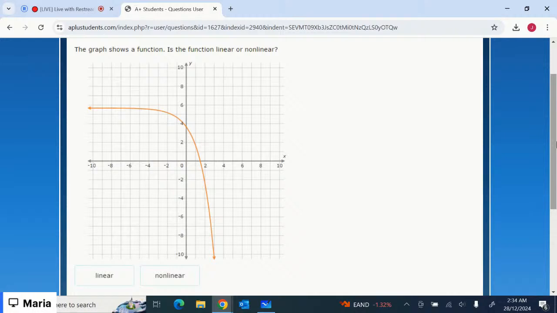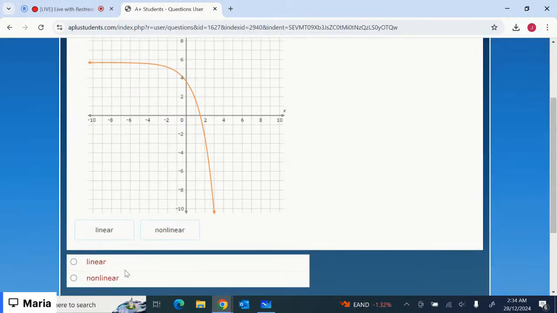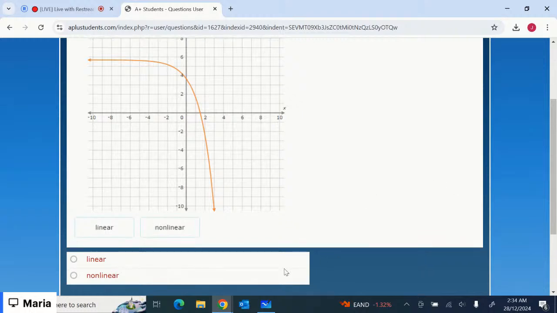That is a non-linear function. The graph is non-linear. Option number 2 is the correct option. Non-linear it is.